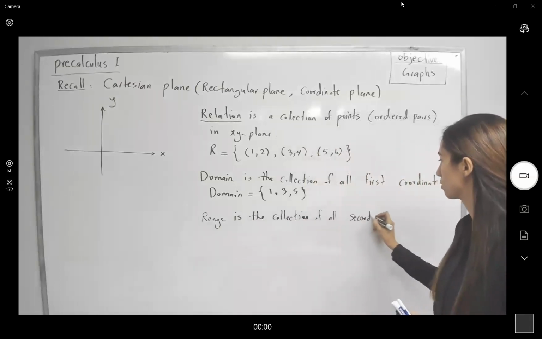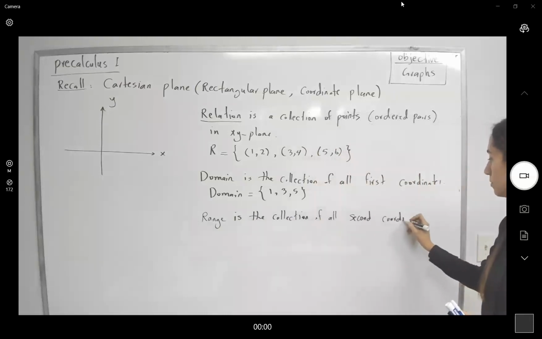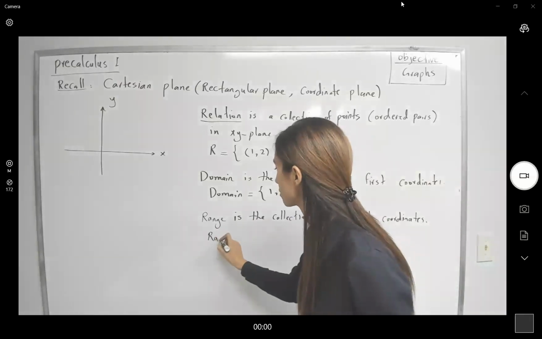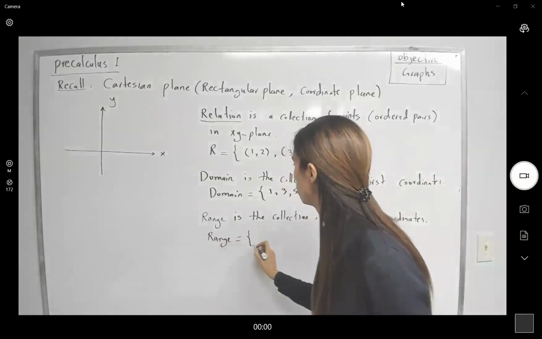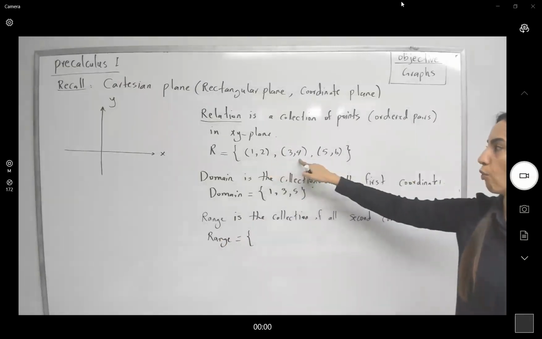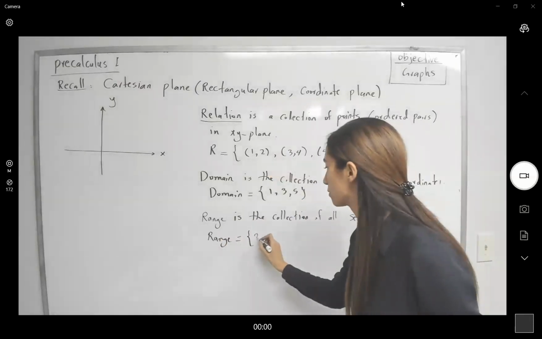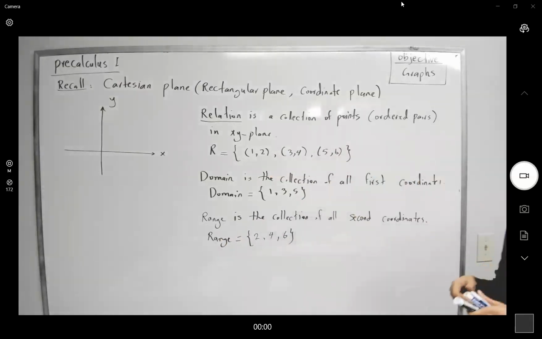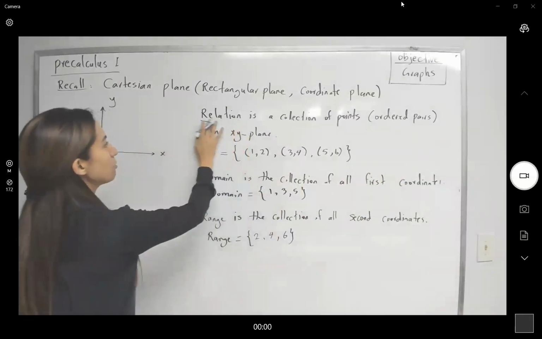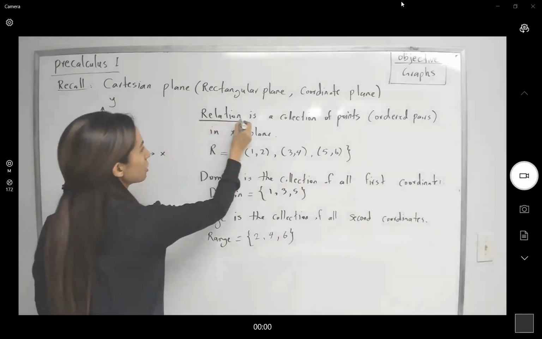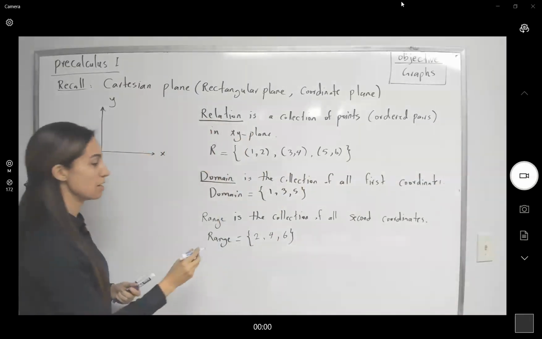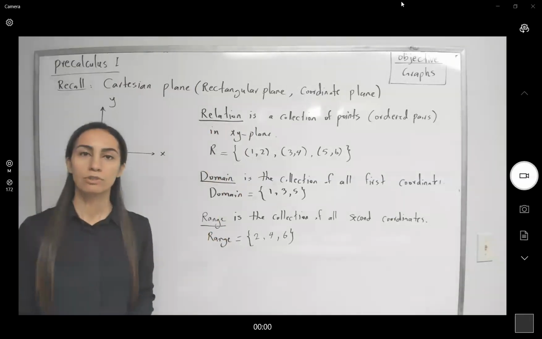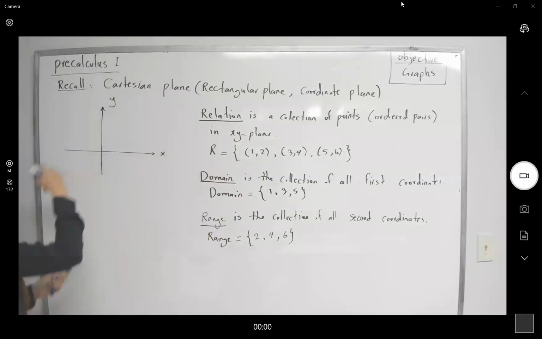For example, the range for this relation is 2, 4, and 6. So before you define a function, you define a relation, then the domain of that relation, then the range of that relation. Of course, you can visualize your relation using the XY plane.